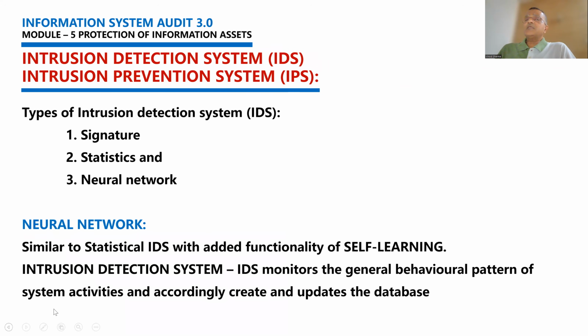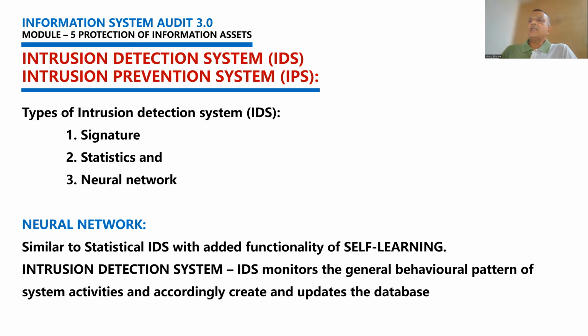Now, the third one is interesting. That's the neural network. Similar to statistical IDS, with added functionality of self-learning. As I said in the case of signature, you must have seen that our body learns how to fight or generate antibodies for anything which is harming our body, right? So neural networks are like that.